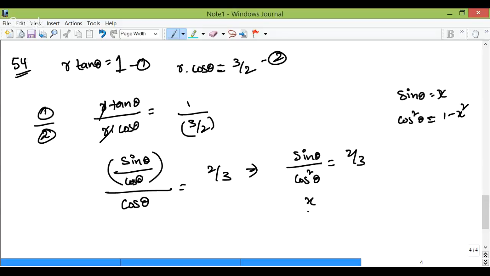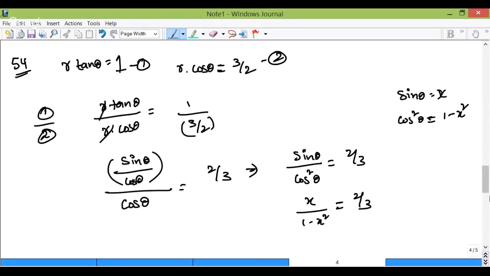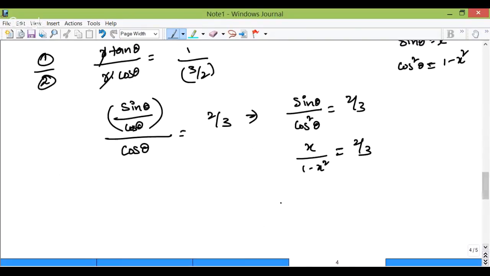Substitute this, x by 1 minus x square is equal to 2 by 3. Three x is equal to 2 minus 2x square. 2x square plus 3x minus 2 is equal to 0.